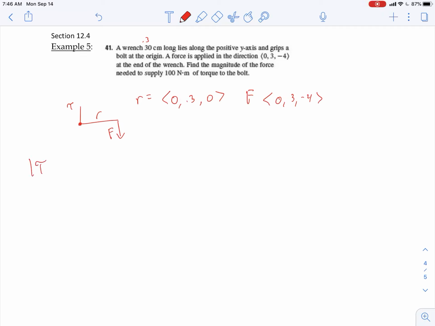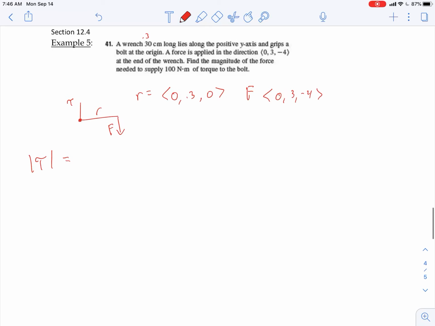And so again, we go to our formula where the magnitude of tau is equal to the magnitude of r times the magnitude of F sine theta. And what we want to find is the magnitude of force. So this is what we want to find, and in order to solve this, we're going to need sine theta.